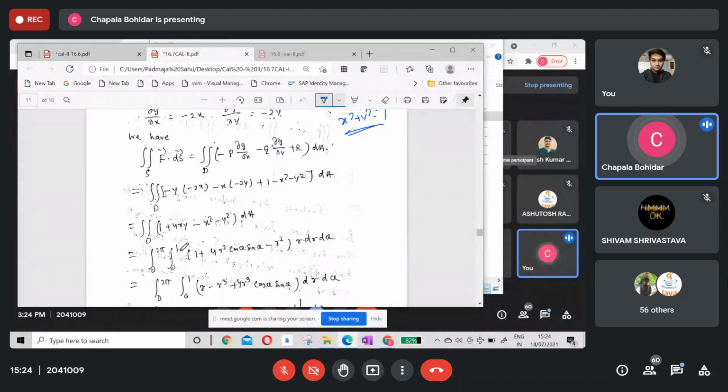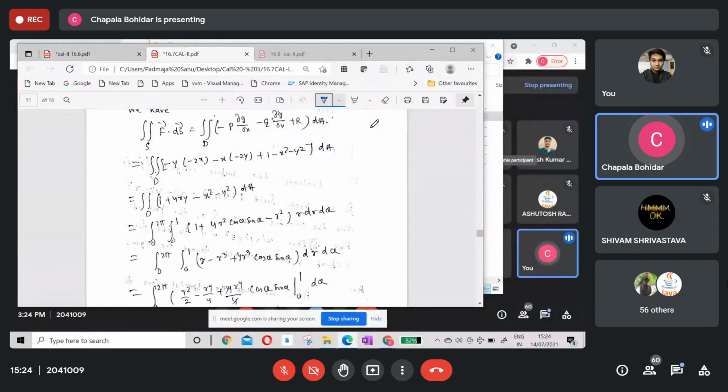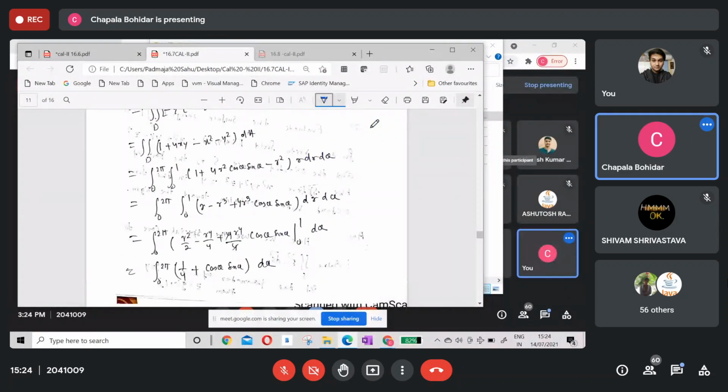So it is the integral from 0 to 2 pi, 0 to 1, of 4 r cube cos theta sin theta minus r cube, dr d theta. Why 0 to 1? r lies from 0 to 1, and theta lies from 0 to 2 pi because it is a circle. Now solve.